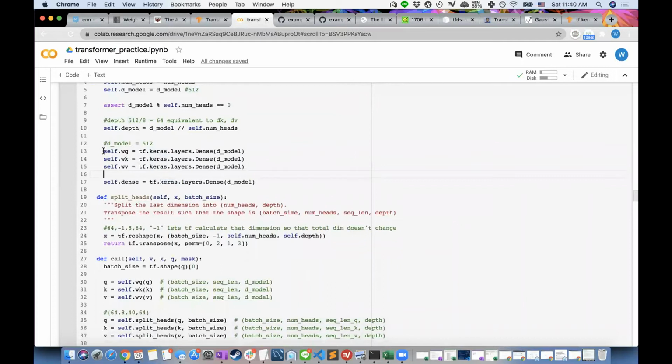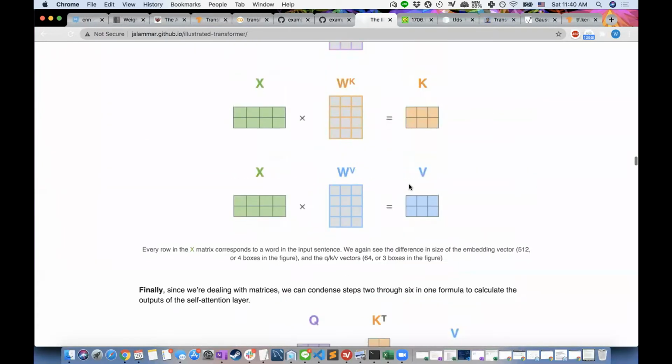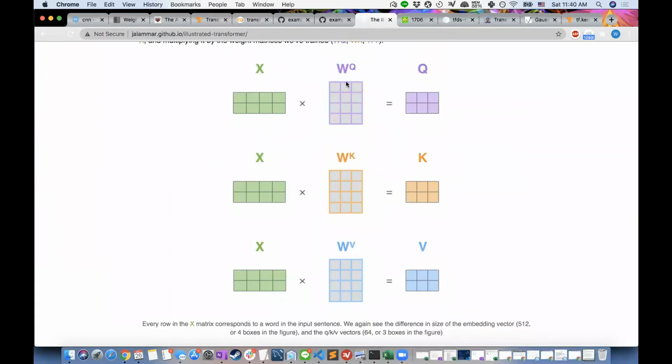Okay, and we want to create the dense layer, and this is the embedding to be trained, right? These are the weights. And when we look back, this is the self.wq, self.wk, self.wv here.